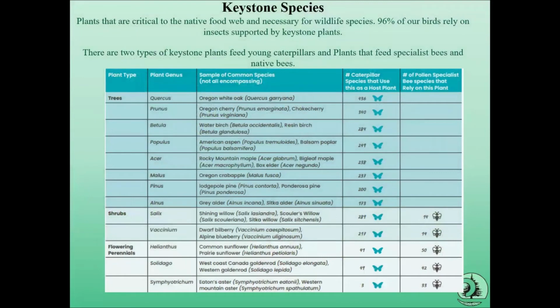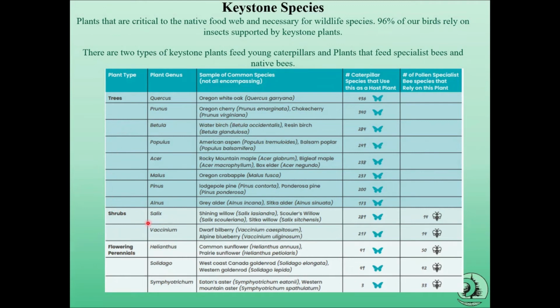So keystone species, this is just really important, and you want to have the most impact that you can for the plants that you plant. So this is part of Doug Tallamy's research, where he researched plant insect interactions.